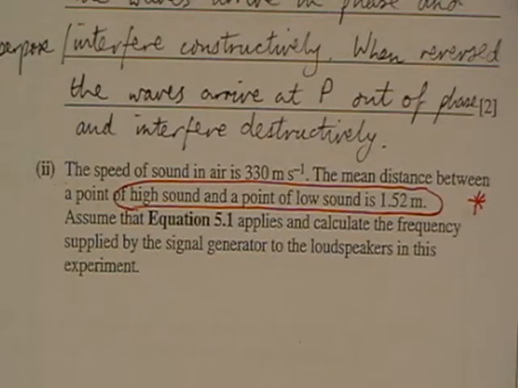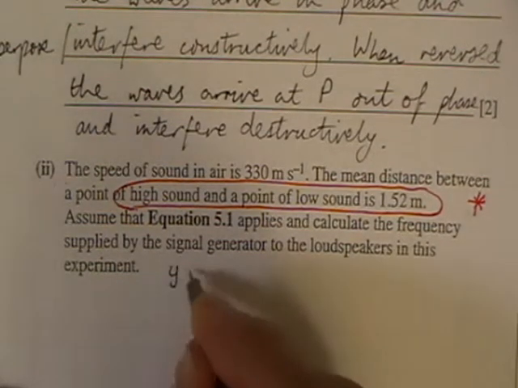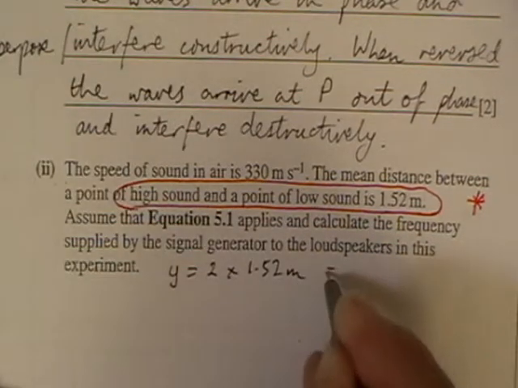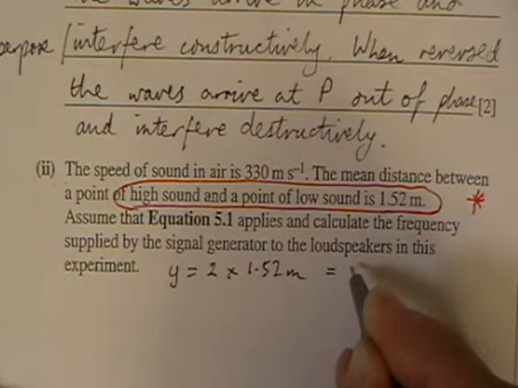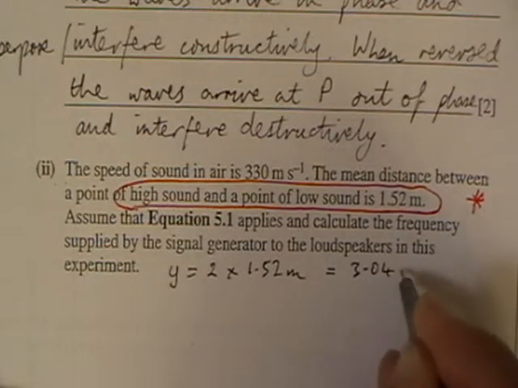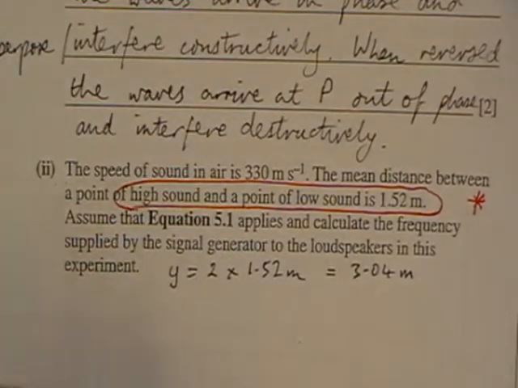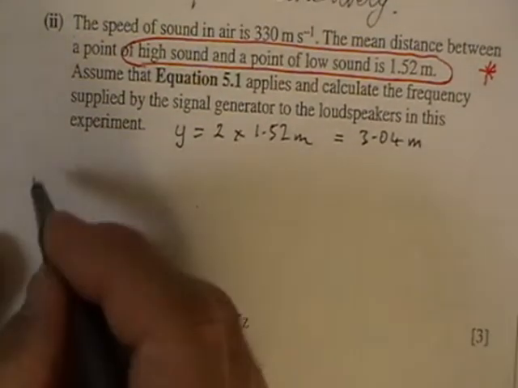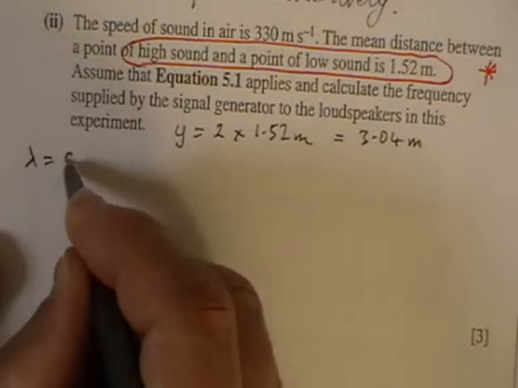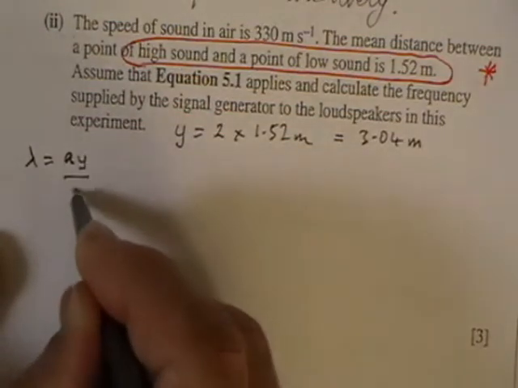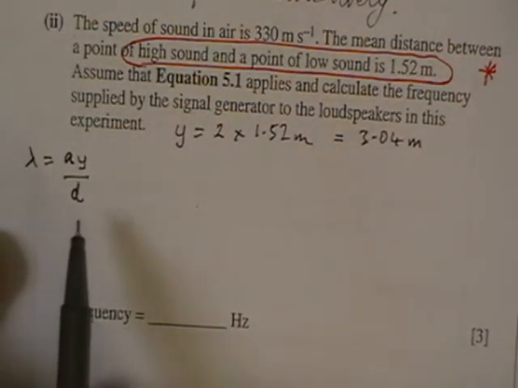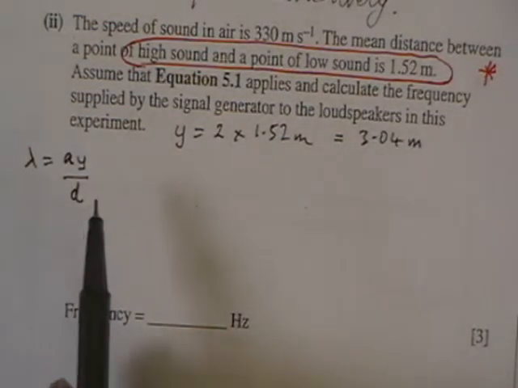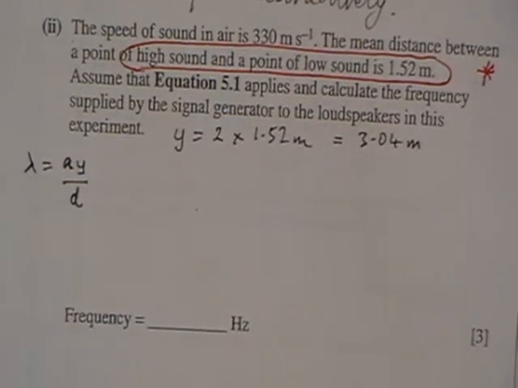So the first thing that we have to do is say that y is actually equal to 2 times that 1.52 meters, and that's equal to 3.04 meters. Now we can use the equation that we had before, which was that lambda is equal to a times y over d, but we need to get some information from the previous diagram to give us what a and d are.